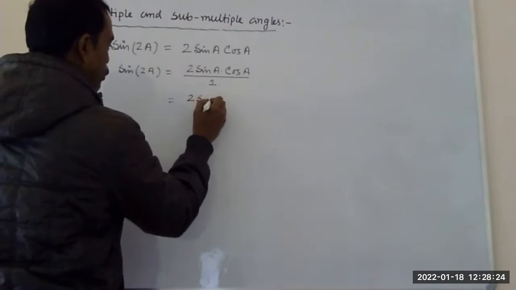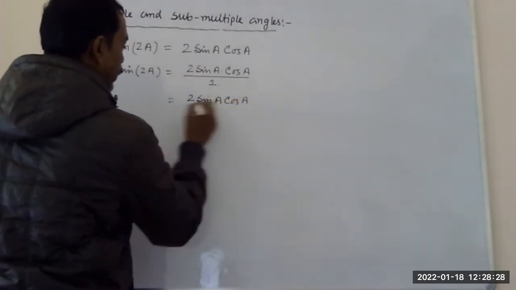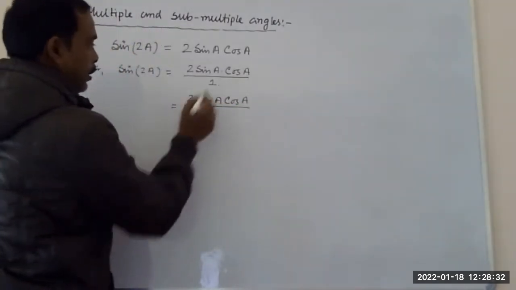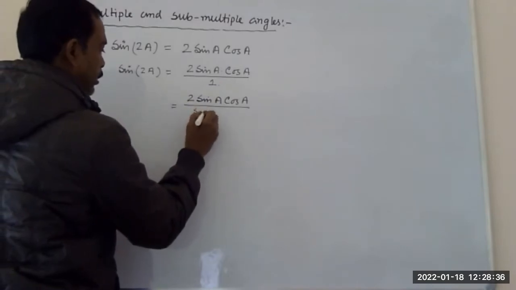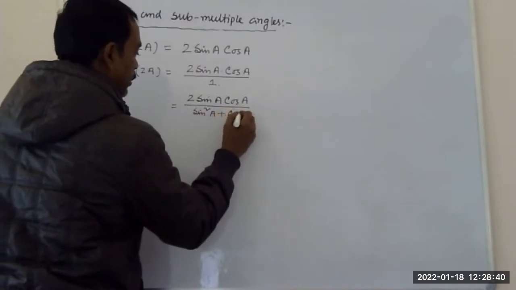Now again we know that sin square A plus cos square A equal to 1. Instead of 1, can we write sin square A plus cos square A? Yes, sir.